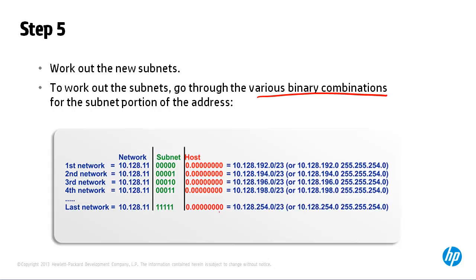So the last one could also be written as follows. So just to reiterate, to work out the subnets, you leave the network portion as it is. The subnet portion goes through the various binary combinations, from being populated with zeros all the way up to being populated with binary 1s. The host portion is always filled with binary zeros.